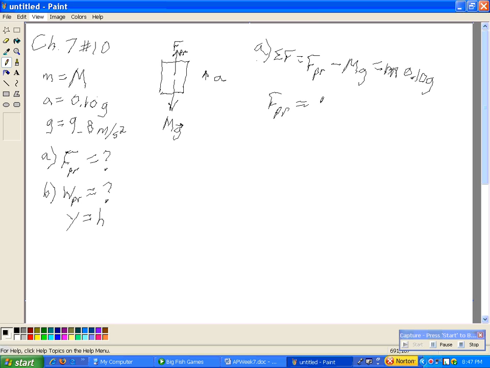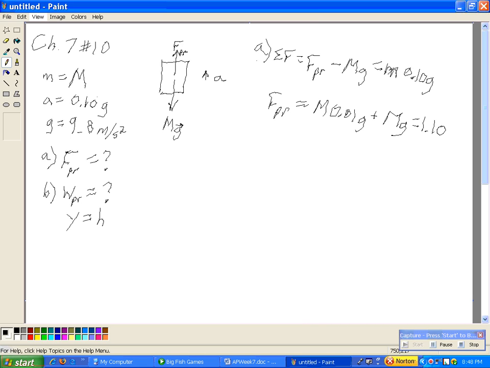So let's solve for the force of the propeller. That equals m times 0.10 g plus mg. All right. We can put that in over here, I think. Oh, look what I did over here.